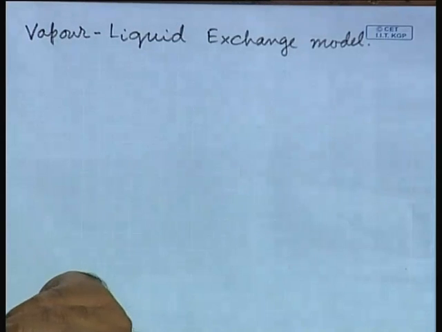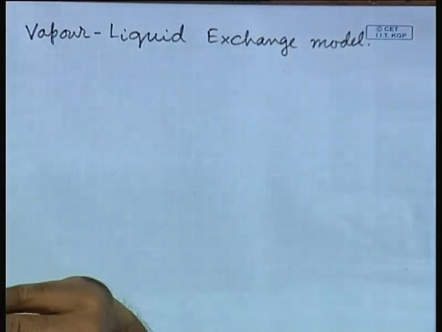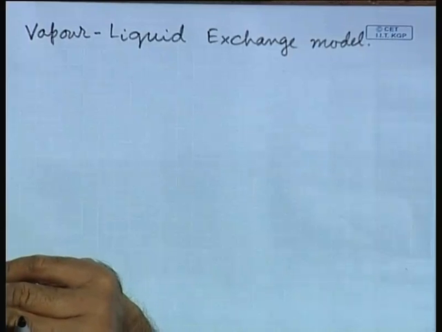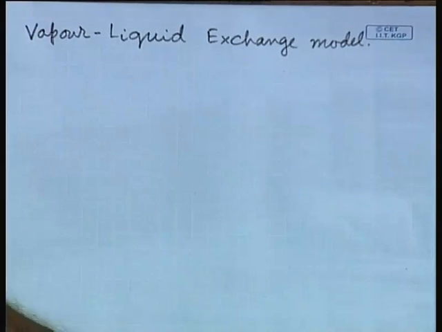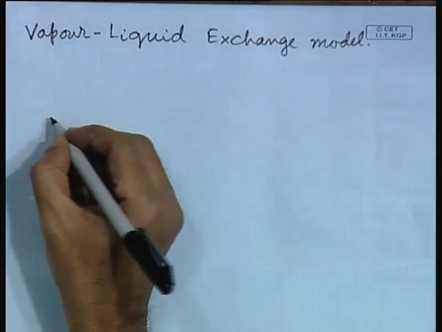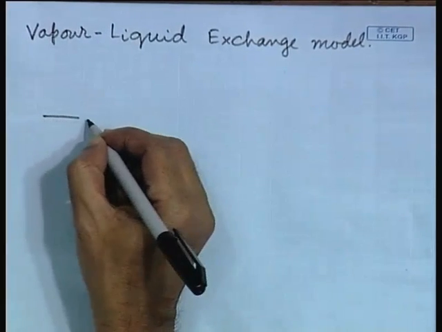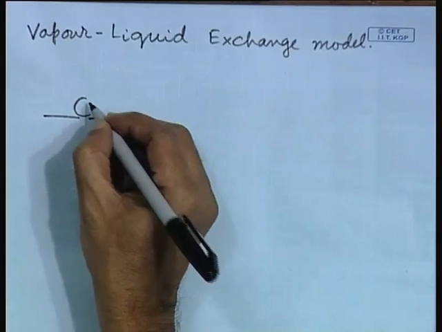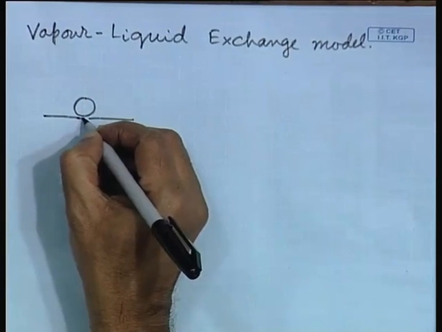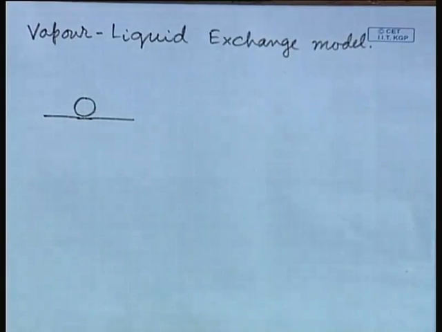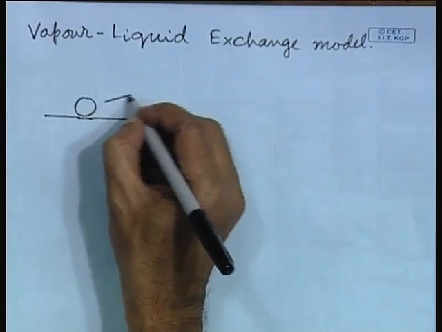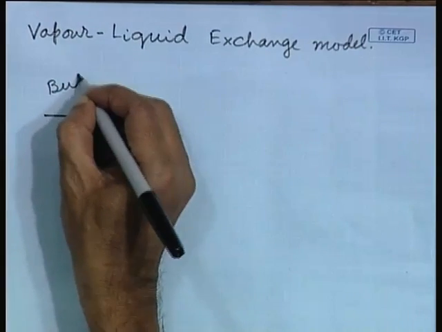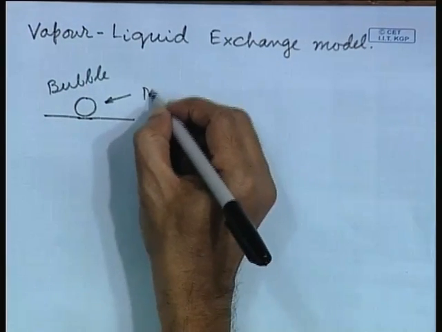In the vapor liquid exchange model, it is assumed that, let us say there is a bubble, maybe on the wall, maybe just above it. This bubble is nothing but a micro pump.